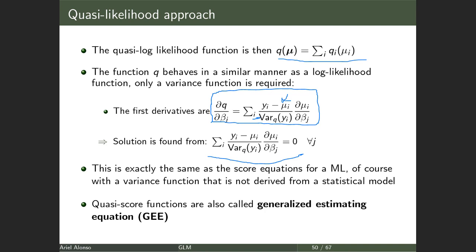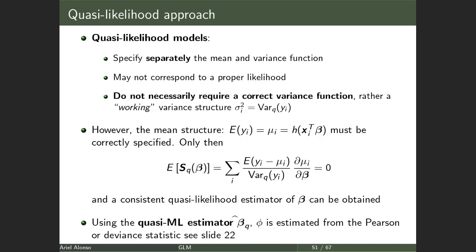They are also sometimes called generalized estimating equations, GEE. And this is going to come back later, for instance, when you study longitudinal data. There's going to be a generalization of this quasi-likelihood approach. They are called quasi-score functions, quasi-likelihood approach, generalized estimating equations.